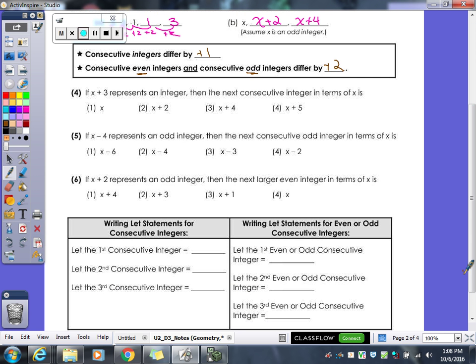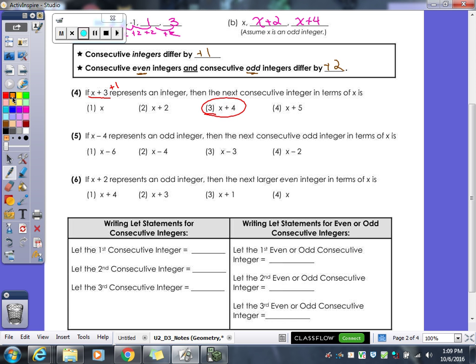So here are some examples of questions that they like to ask sometimes involving our evens and odds and our consecutive integers. We're told that x plus 3 represents an integer. Then the next consecutive integer would be what? So we have to remember, consecutive integers go up by ones. So if I add a 1 to that, my next consecutive integer would be x plus 4.